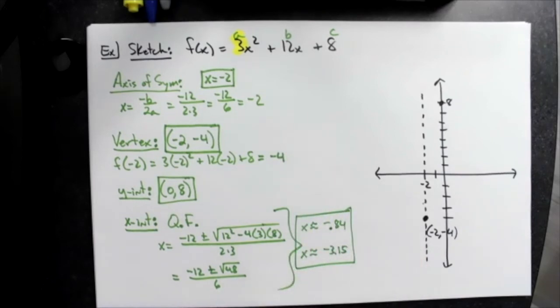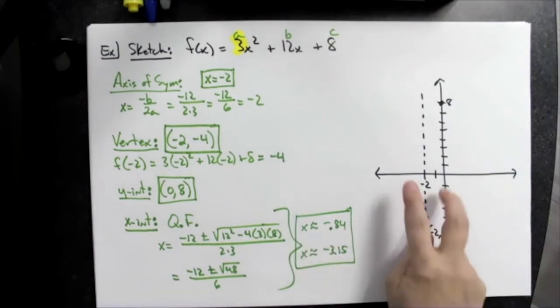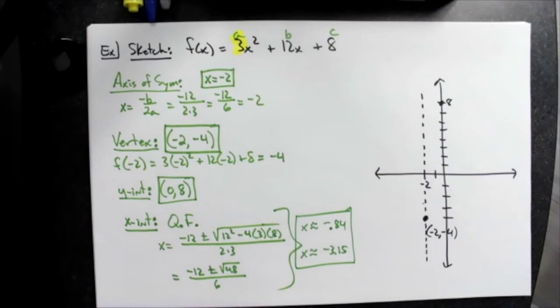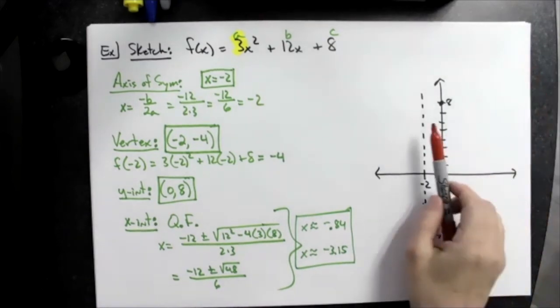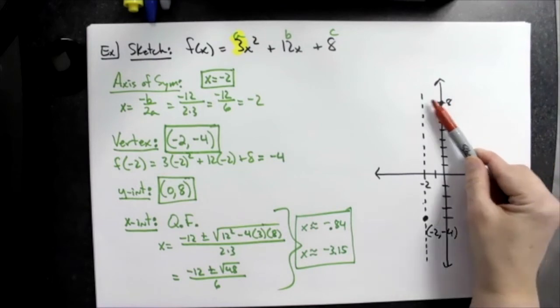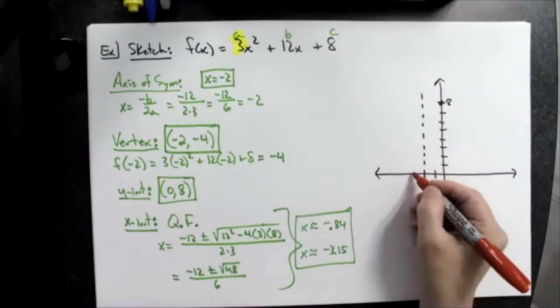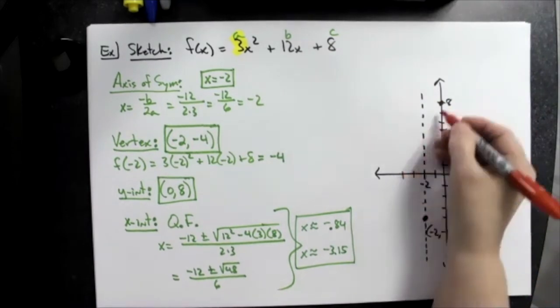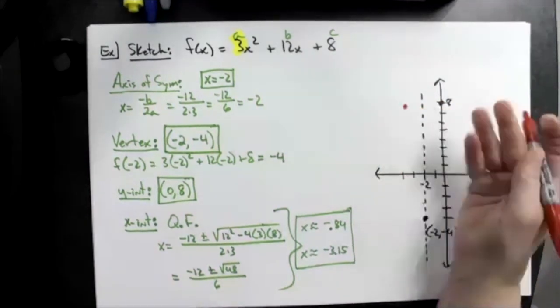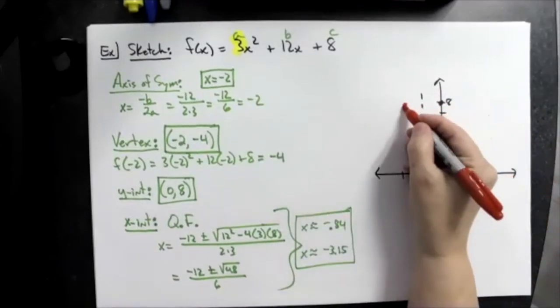All right, now if I want to sketch, as of right now, I only have 2 points, plus my x-intercepts as rough estimates right here. All right, but if this is my axis of symmetry and I know that there's a point right here, then I know there is also a point. This would be 2 to the right and up 8, so 2 to the left and up 8 as well. There's another point for my reflection there.